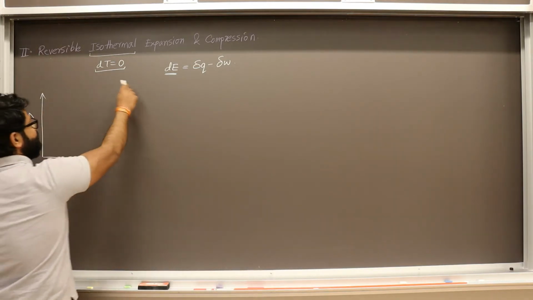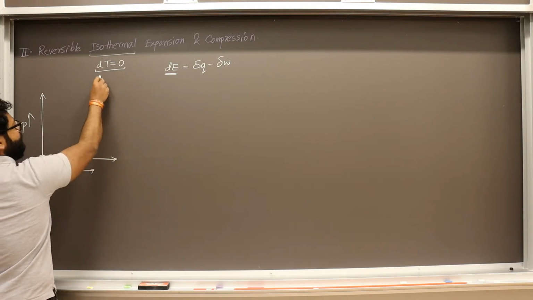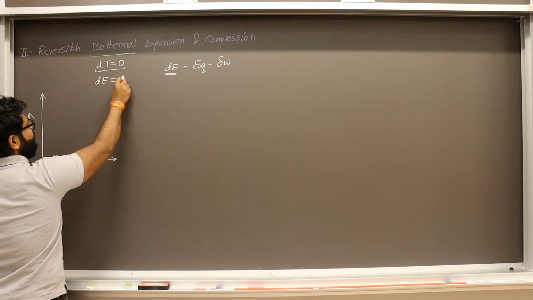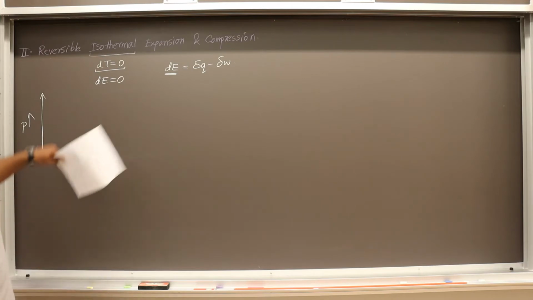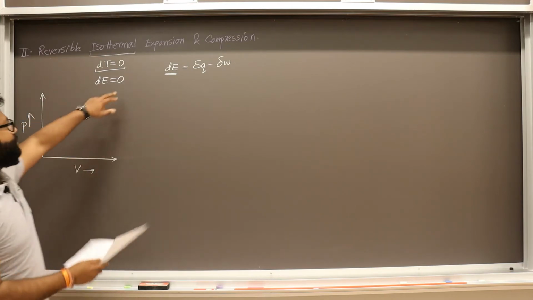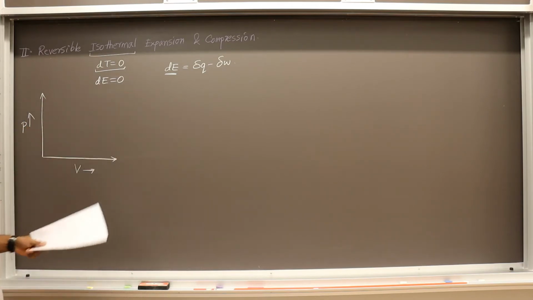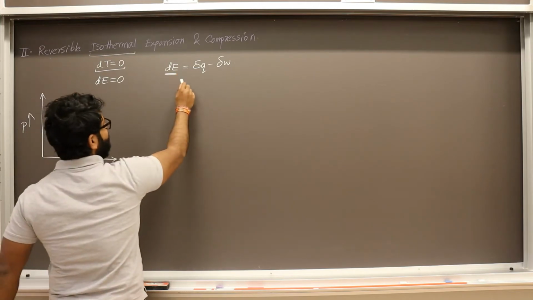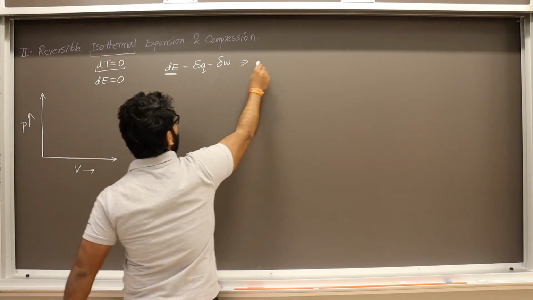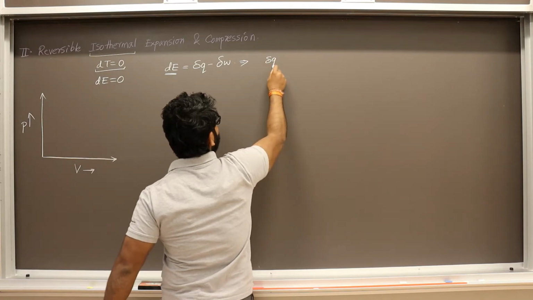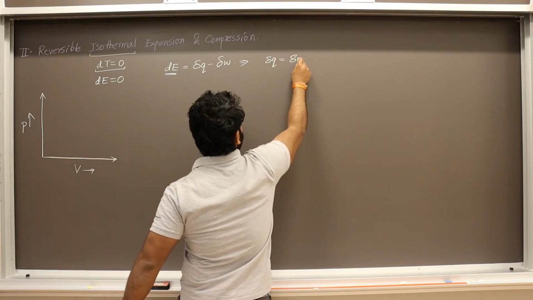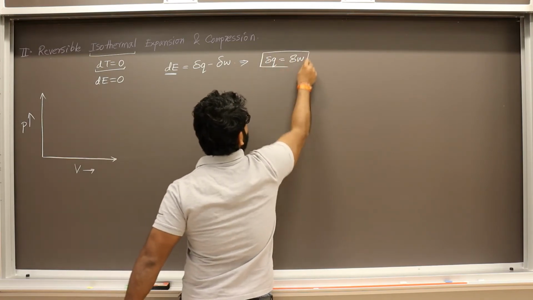So if dT is 0, dE automatically becomes 0. If there is no change in temperature, there is no change in the internal energy. Now, if this becomes 0, this whole thing simplifies to del Q equals del W.